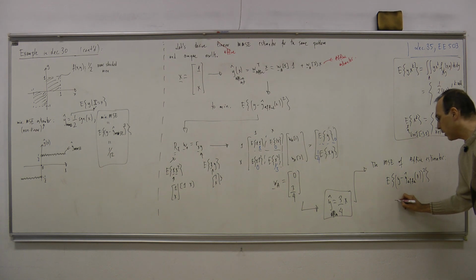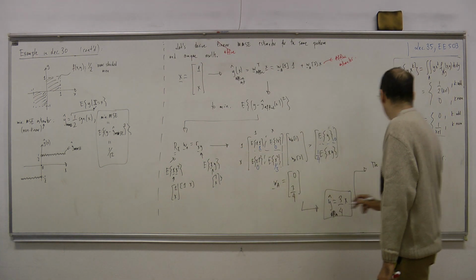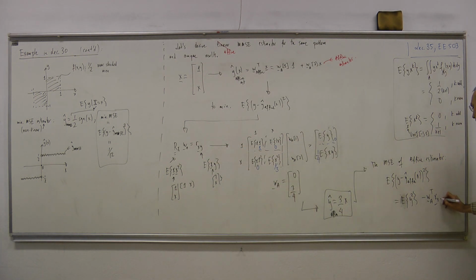But please remember we have some formulas for this one also, which is equal to this: expected value of y square minus WA transpose times RXY.